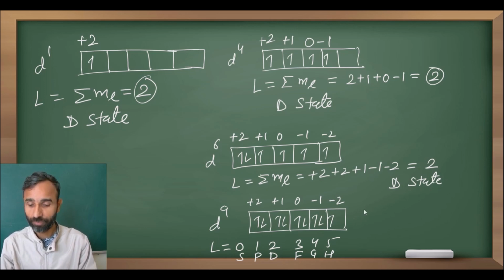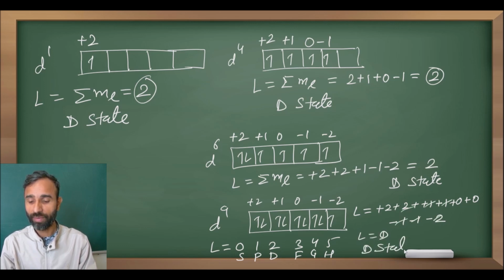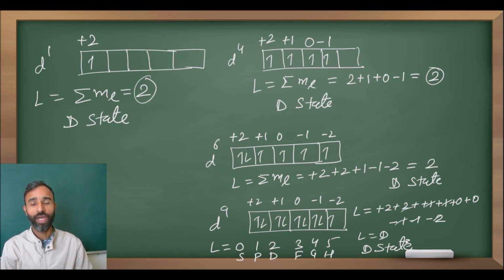D9: plus 2 plus 2 plus 1 plus 1 plus 0 plus 0 minus 1 minus 1 minus 2. Again L is 2. Means all of them have D state. And you know, the D configuration, D orbital, D subshell is the same as the D state.